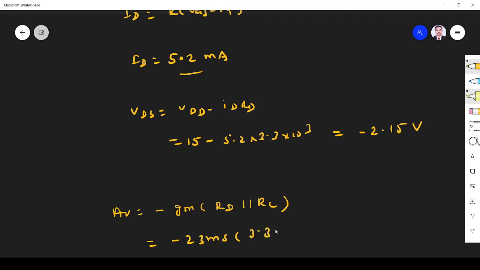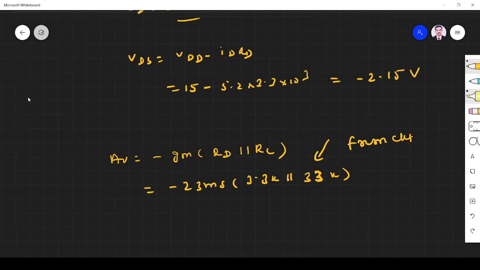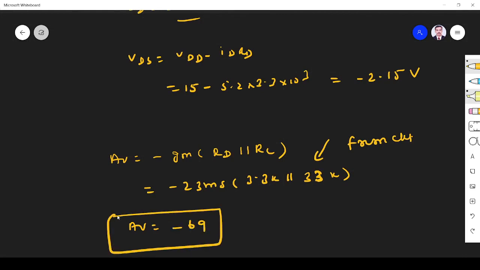RD is 3.3K, RL 33K. That is in the problem itself, both are in the problem. From circuit, RD and RL. If you simplify, AV is equal to minus 69. So this is the way we have to solve the problems.